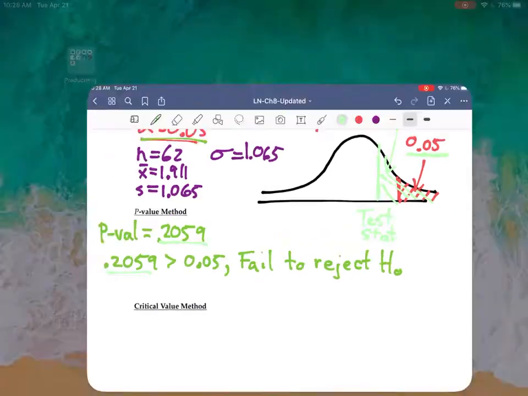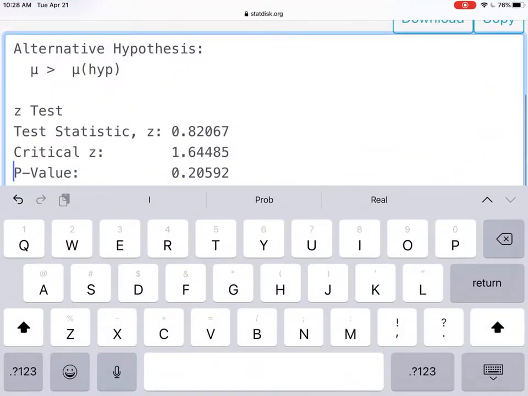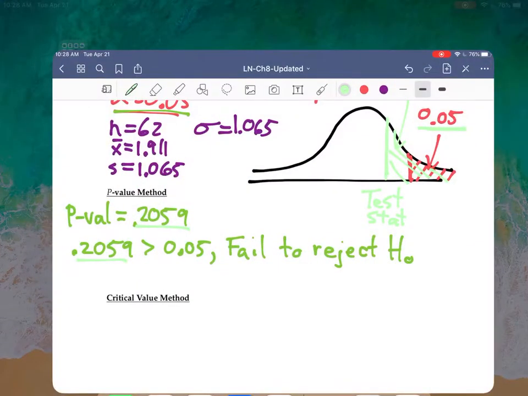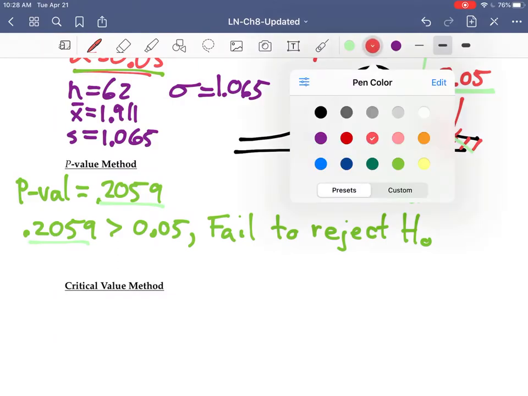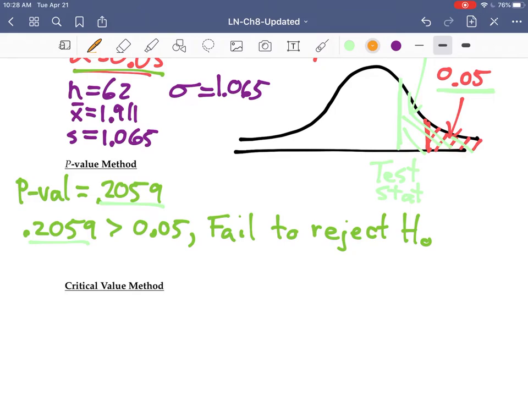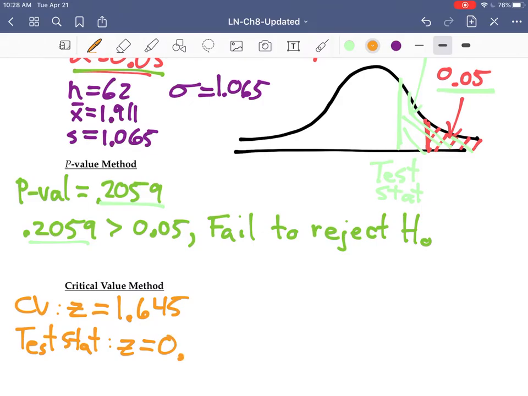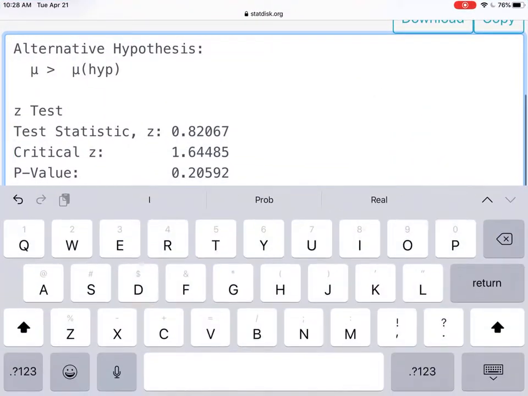Next up, we have a critical value method. So for our critical value method, we look at our critical value. So we just have the one critical value, 1.645. So 1.645 is our critical value. And it was a z-value. Our test statistic was also a z-value, and it was, I didn't observe it fully, but it was 0.821.